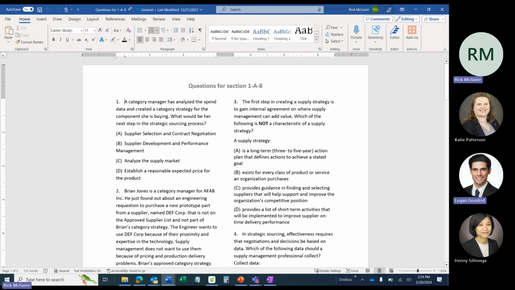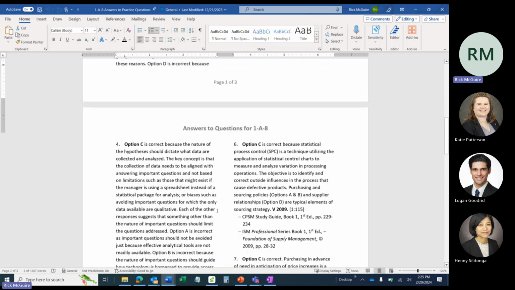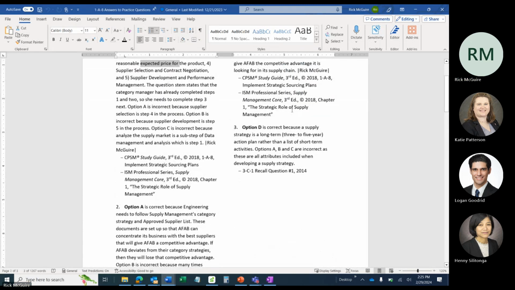All right. Would you say 3? Sorry. Oh, hang on. 3. Supply management strategy is a 3 to 5 year action plan rather than a list of short-term activities. You were looking for the one that didn't belong, and the list of short-term activities didn't go with the other 3.